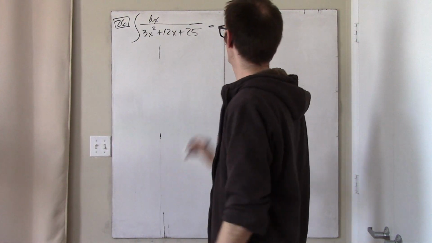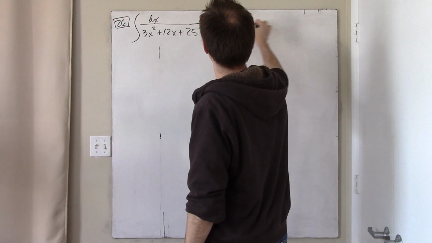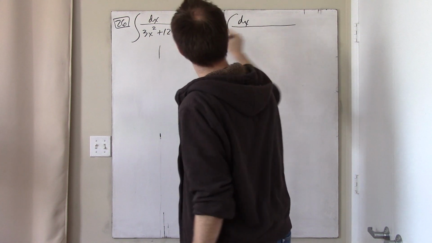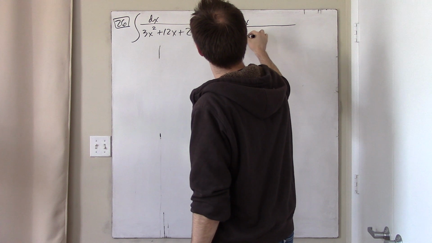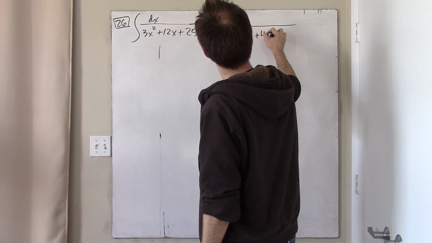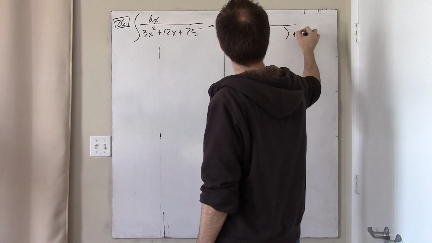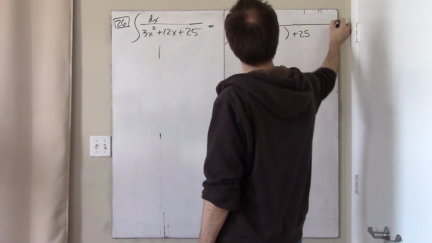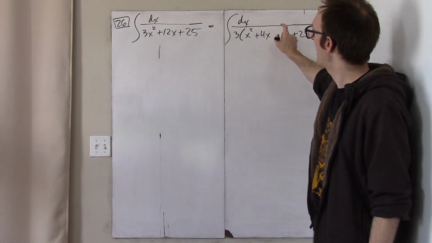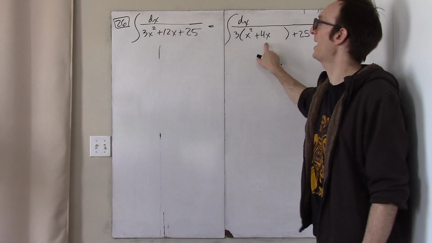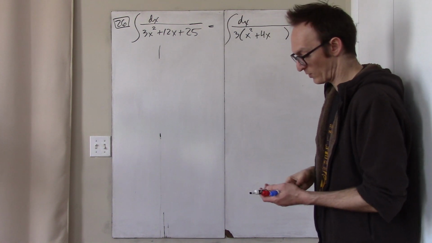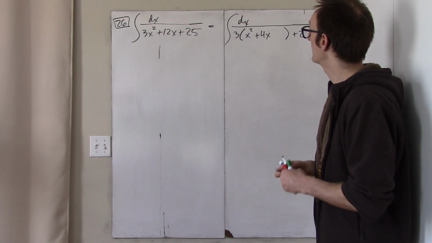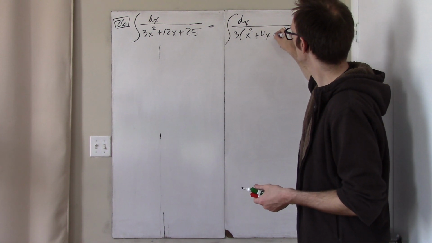I think these numbers don't work out that nicely, so sorry. So let's factor out a 3. This is just algebra 1, but people find it hard for whatever reason. 3 times x squared plus 4x plus 25 over 3. What number goes here? Well, 4 goes here.